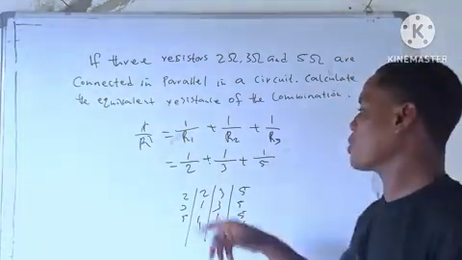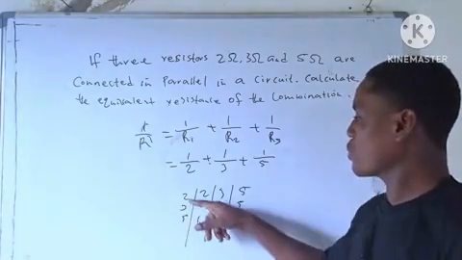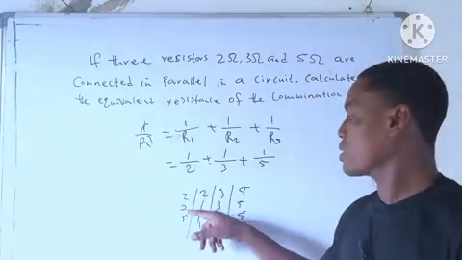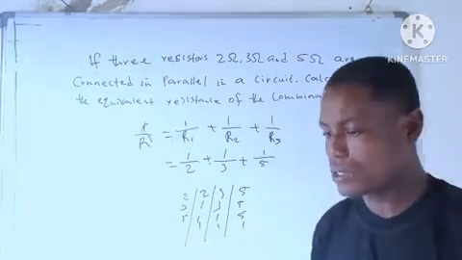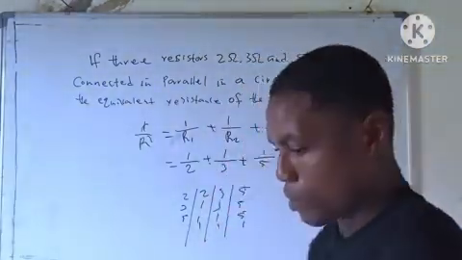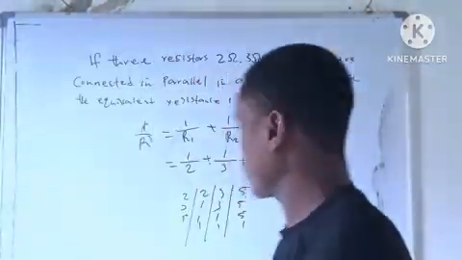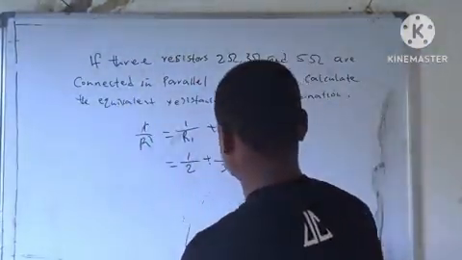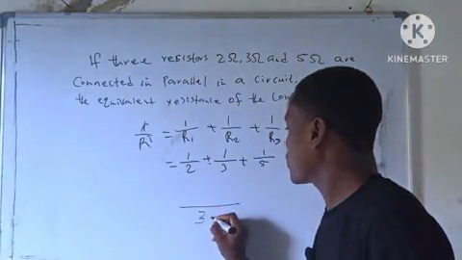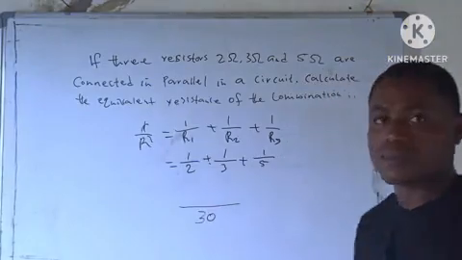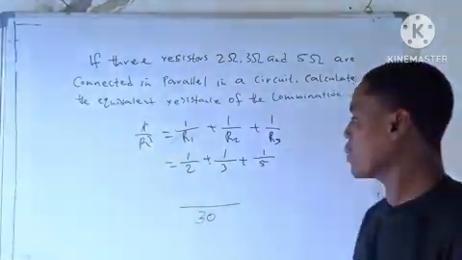So you just multiply everything together. 2 times 3 is 6. 6 times 5 is 30, right? So the LCM is 30. Please listen carefully, okay?